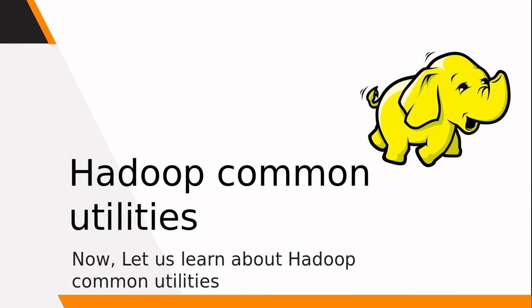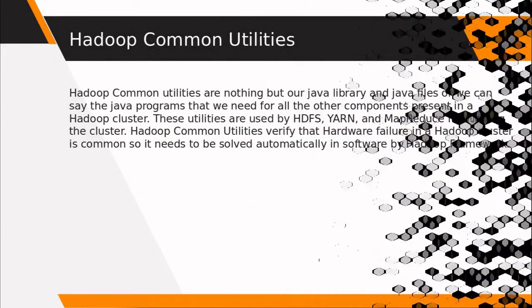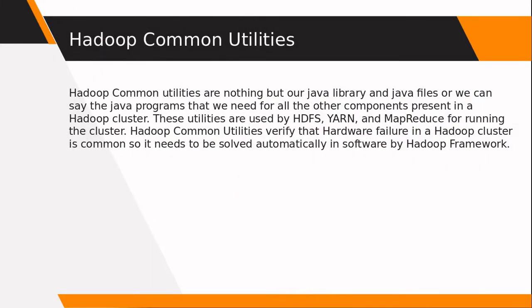Now let us learn about Hadoop common utilities. Hadoop common utilities are nothing but our Java libraries and Java files, or we can say the Java programs that we need for all the other components present in a Hadoop cluster.